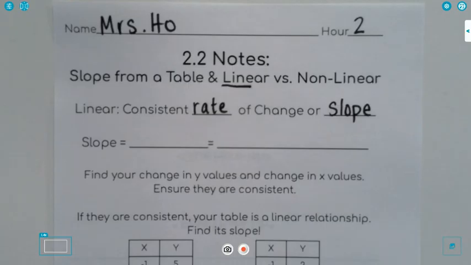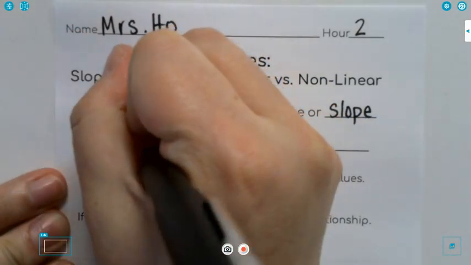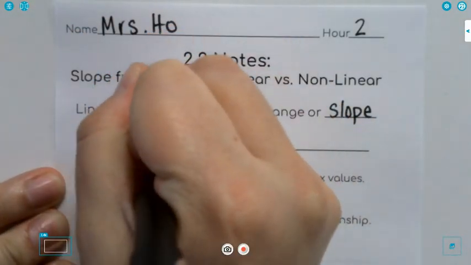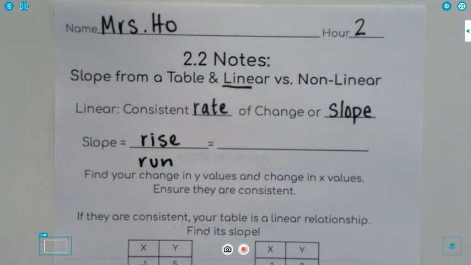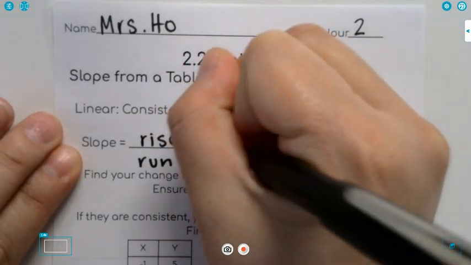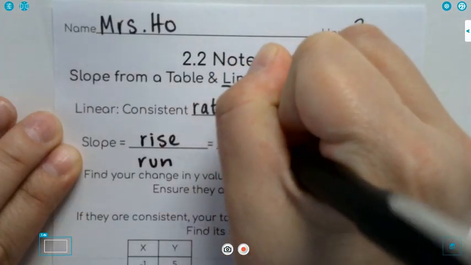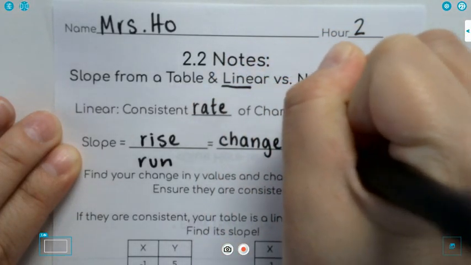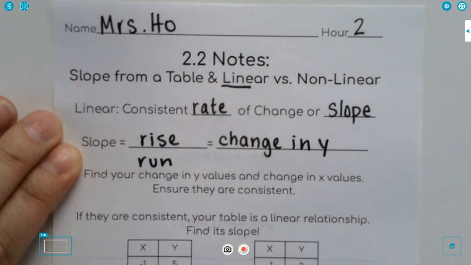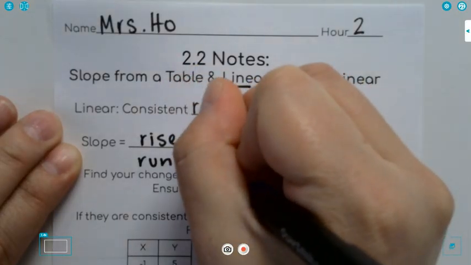Okay, we learned yesterday that slope was our rise over run. Today we are adding in that slope can also be defined as the change in our y values over the change in our x values.